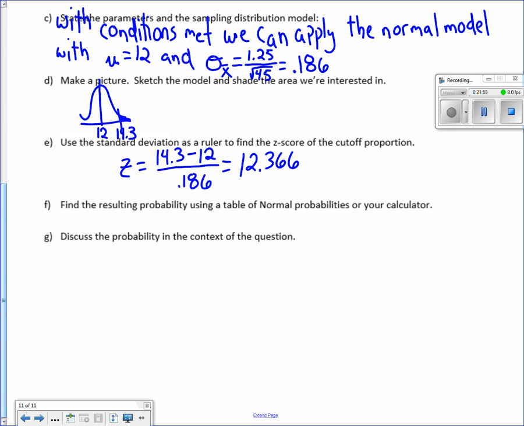So is that extreme? Well, if you put it in your calculator to find the probability of z being greater than that, remember, 3 standard deviations away in either direction is almost 100% of your data. It's 99.7%. We're talking 12 standard deviations above the mean. You put that in a normal CDF, put 12.366. I don't know, is 5 going to work? 5's not bigger than 12.